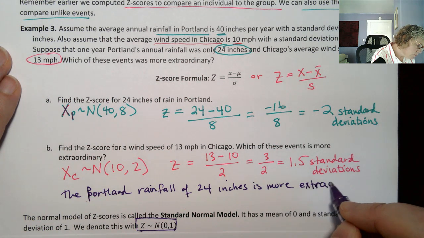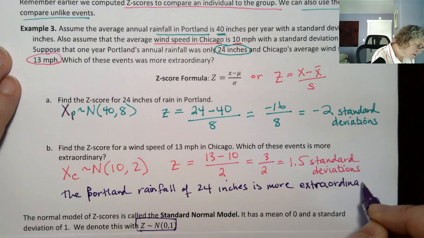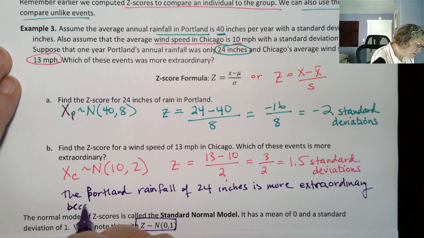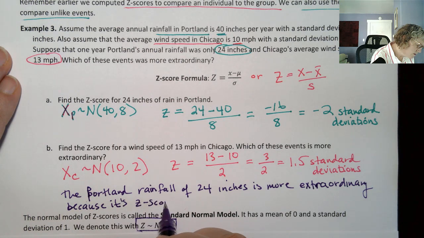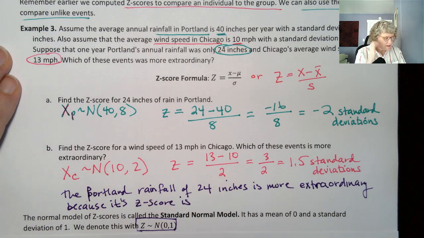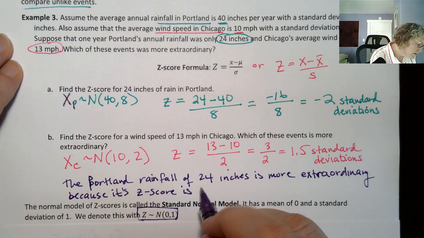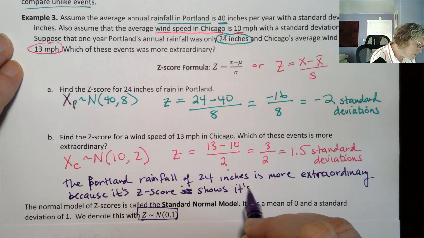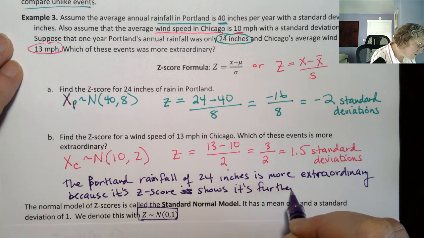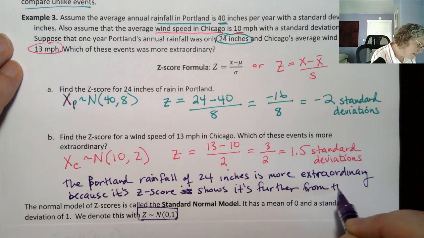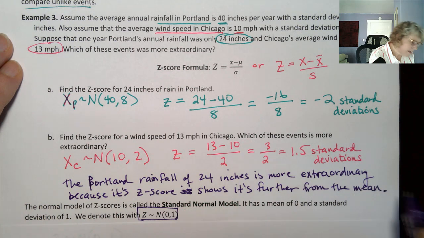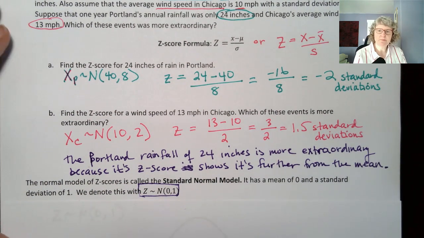I forgot to capitalize my P. That's spelled extraordinary. Because its z-score shows it's further from the mean. Its mean, really, because there are two different means, right?